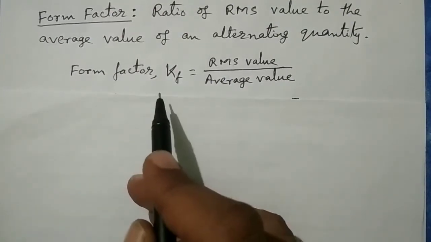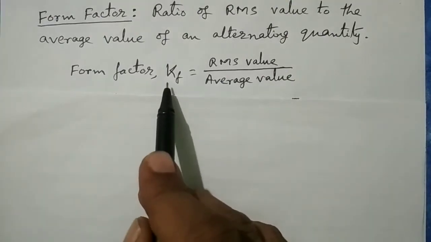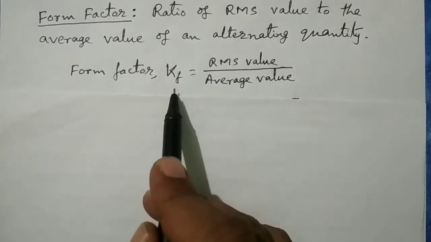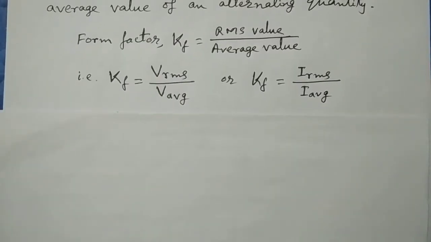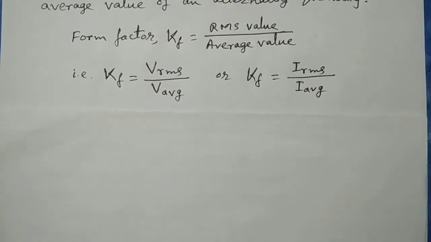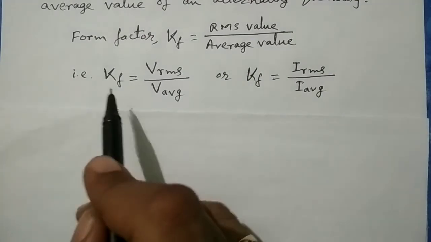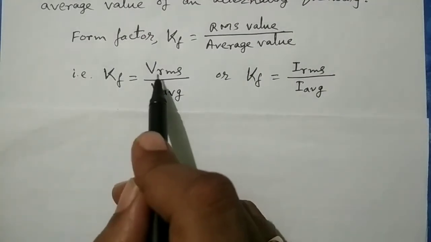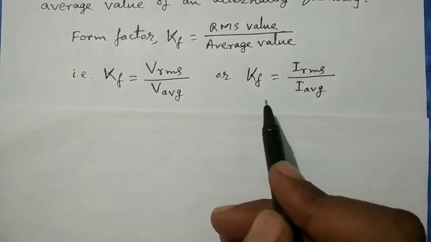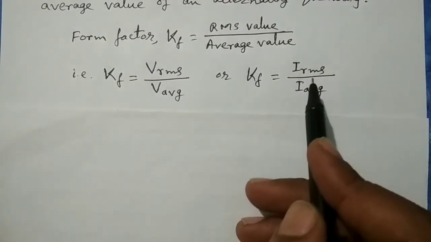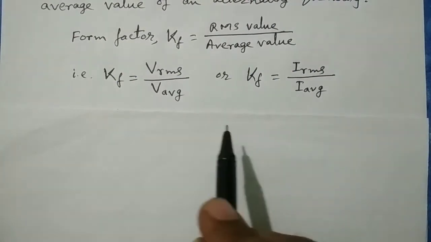It is denoted by Kf. For the alternating voltage, the form factor will be Vrms upon V average, and for the alternating current it can be written as Irms upon I average.